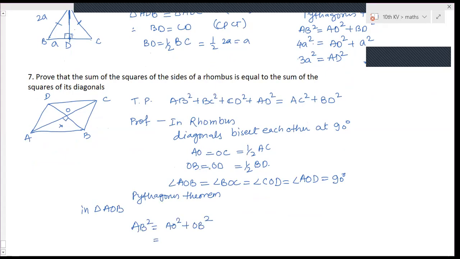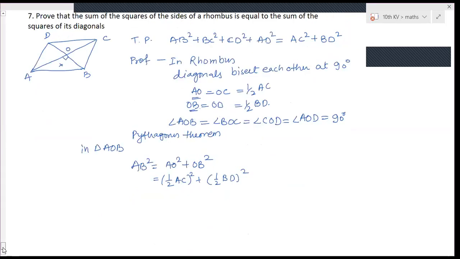Now write AO as half of AC and OB as half of BD, because we have to convert them into diagonals. So diagonals we have to write in terms of AC and BD. So this will become 1 by 4 AC square plus 1 by 4 BD square, that is equal to AB square. Mark this as equation 1.